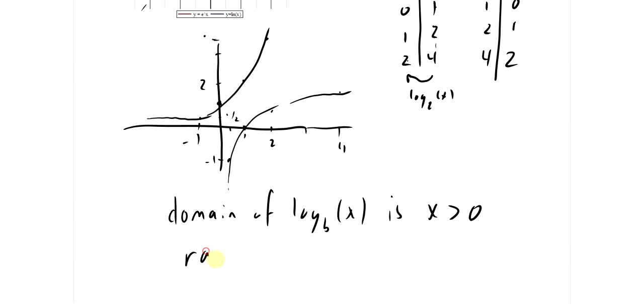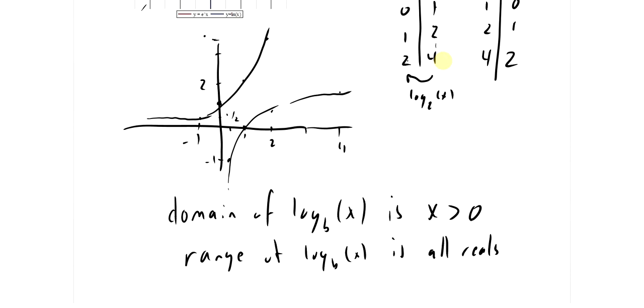The range, however, is all reals. If you look at the graph, it is entirely to the right of the y-axis, but it goes all the way down this way and then all the way up there.